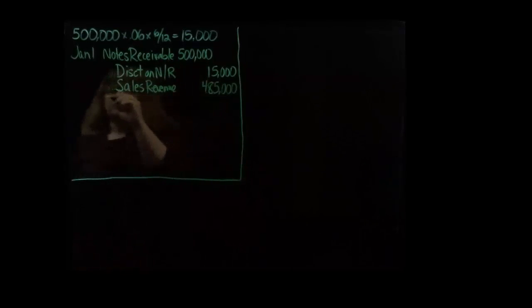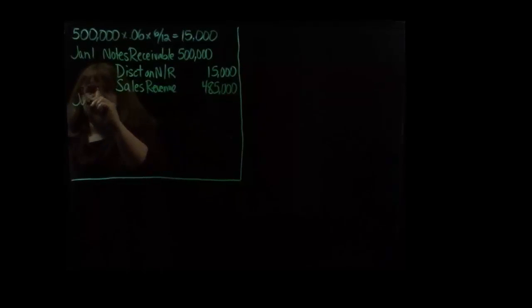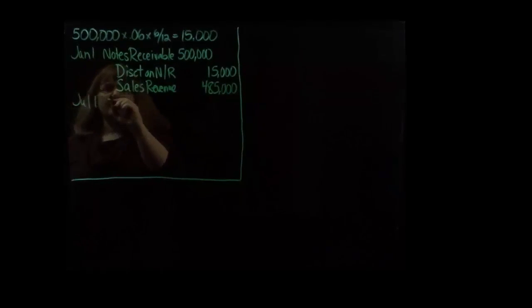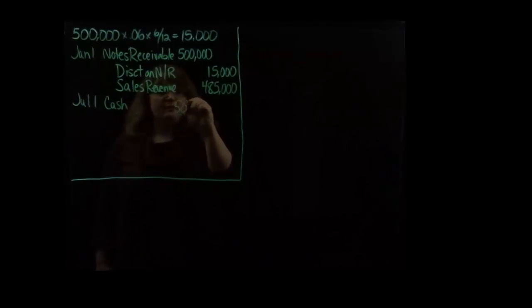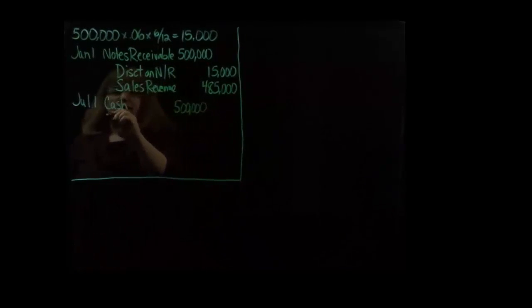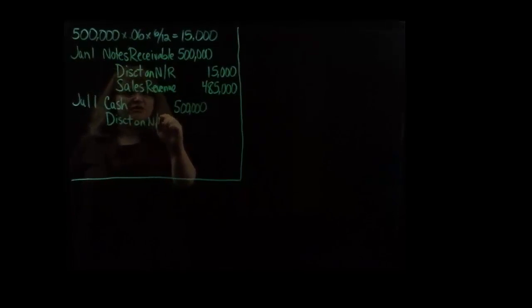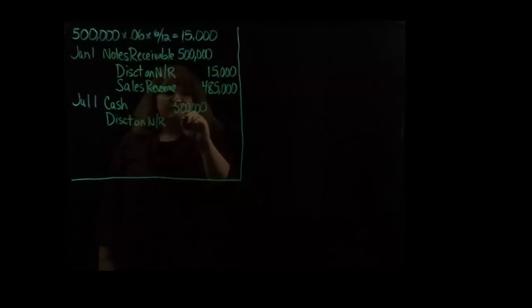Then on July 1st, assuming that the customer pays us as scheduled, we would debit cash for the amount of $500,000 that they would be paying us. We would then debit the discount on the note, because now we're going to convert it into interest revenue, because we would have earned that now.